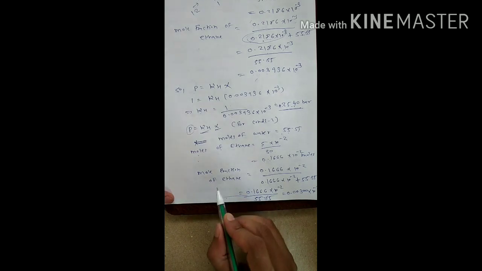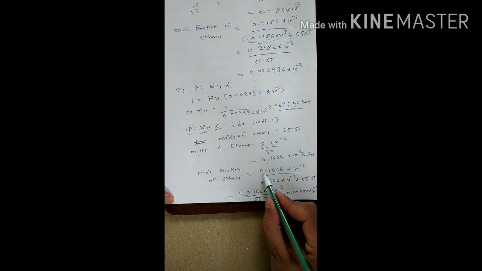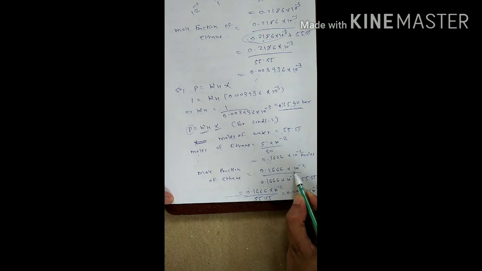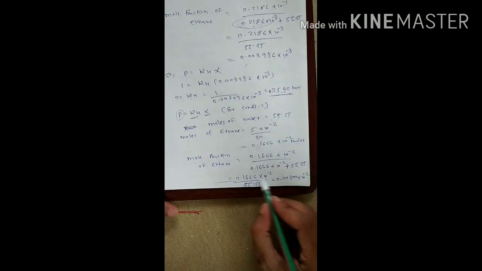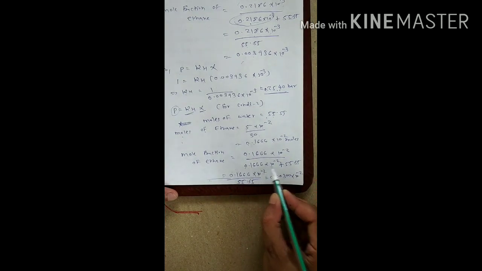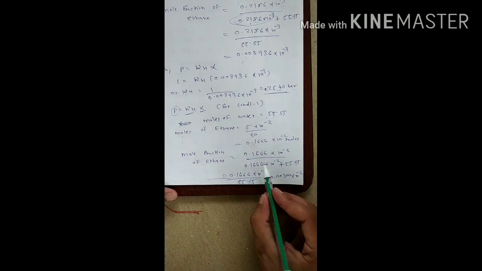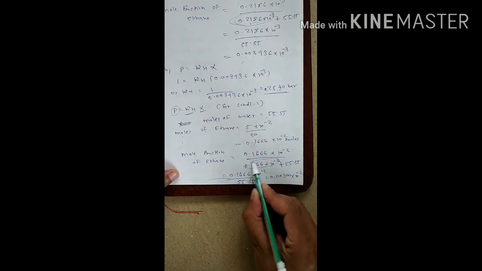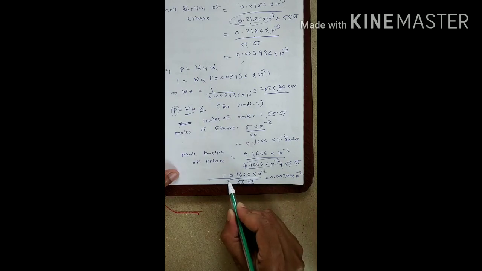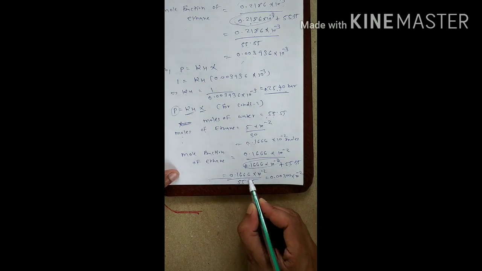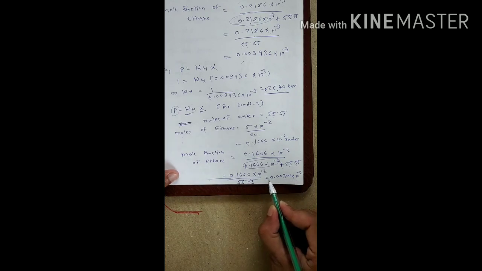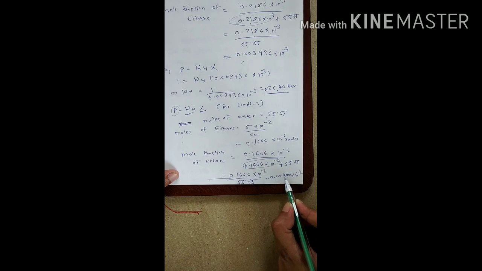So what is the mole fraction of ethane? Mole fraction of ethane is equal to 0.1666 into 10 raised to minus 2 divided by 0.1666 into 10 raised to minus 2 plus 55.55. Here also I am neglecting this term. So we have 0.1666 into 10 raised to minus 2 divided by 55.55, which is equal to 0.00300 into 10 raised to minus 2. This is the mole fraction.